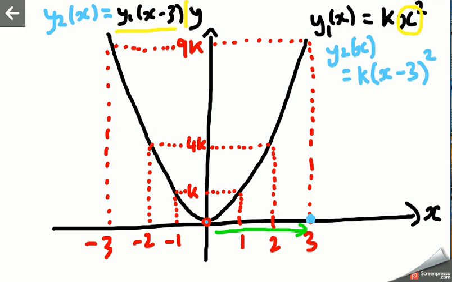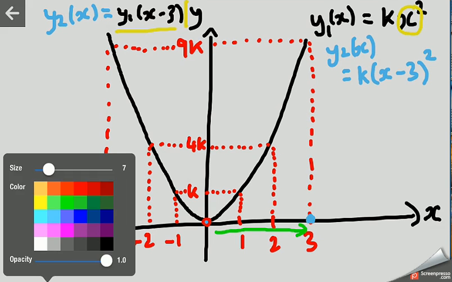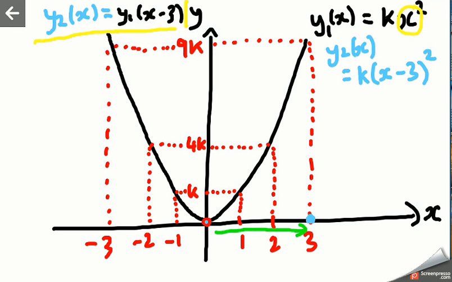The reason for that is, well, again, we can take another close look at this function here. If y2 of x equals y1 of x minus 3, then what we also have is that y2 of x plus 3 must be equal to y1 of x plus 3 minus 3, which is equal to y1 of x, which is exactly what I was saying there.